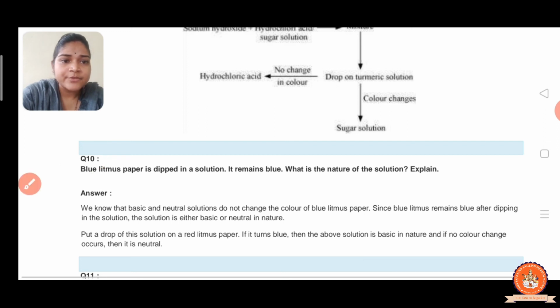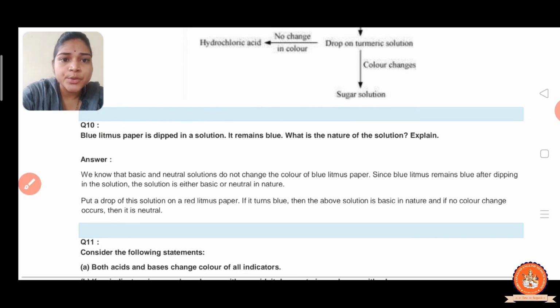Now, put a drop of the solution on a red litmus paper. If it turns blue, then the solution is basic in nature, and if no change occurs, then it is neutral, right? So it is checked with the litmus paper.